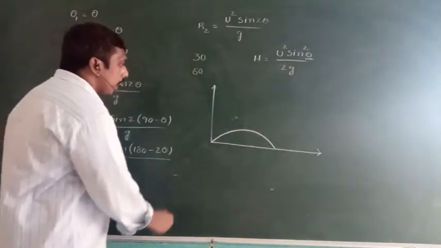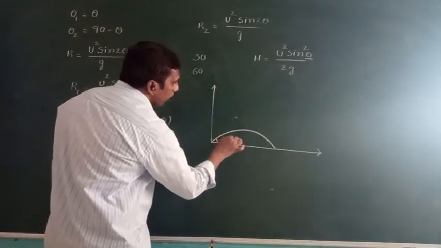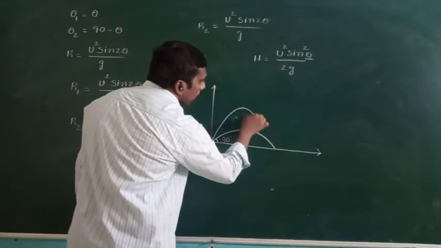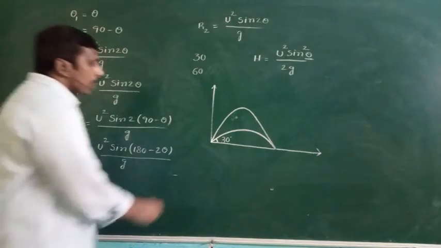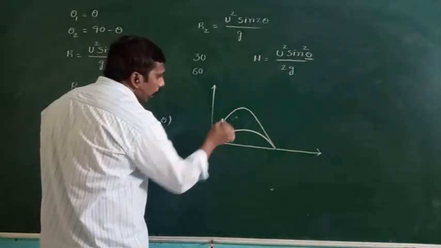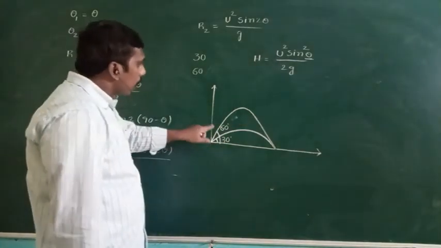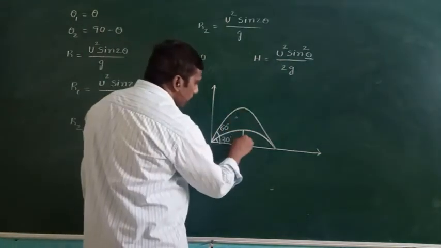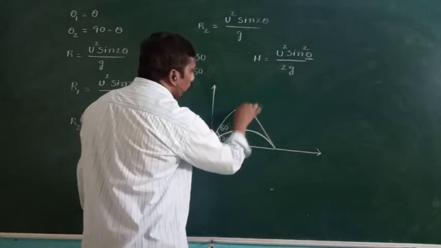The other body projected at 60 degrees reaches higher like this and falls on the same point. Here the vertical sin theta value is more, that's why it reaches more height. So this is h1 and this one is h2.